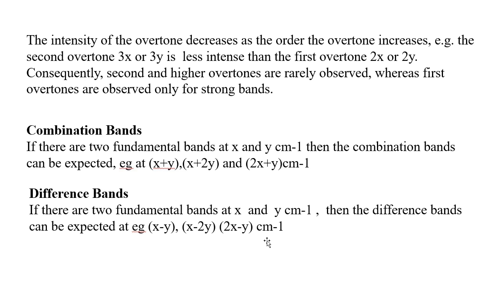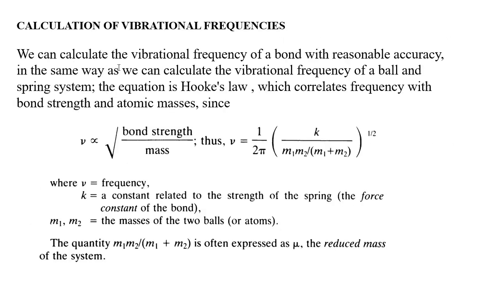Right. See, we can calculate the vibrational frequency of a bond with reasonable accuracy using Hooke's law, which correlates frequency with bond strength and atomic masses. According to Hooke's law, the vibrational frequency nu is proportional to the square root of bond strength divided by mass.